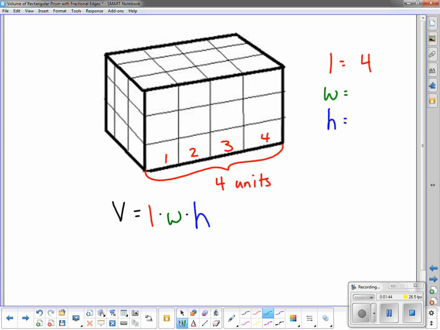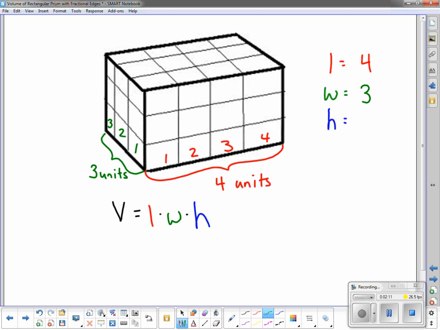Next, I'm going to measure the width. And so the width is the measurement that goes maybe across or maybe from front to back. That's going to be your decision. But here I see that the width comes out to be 3 units. So again, I'm going to identify width equals 3.